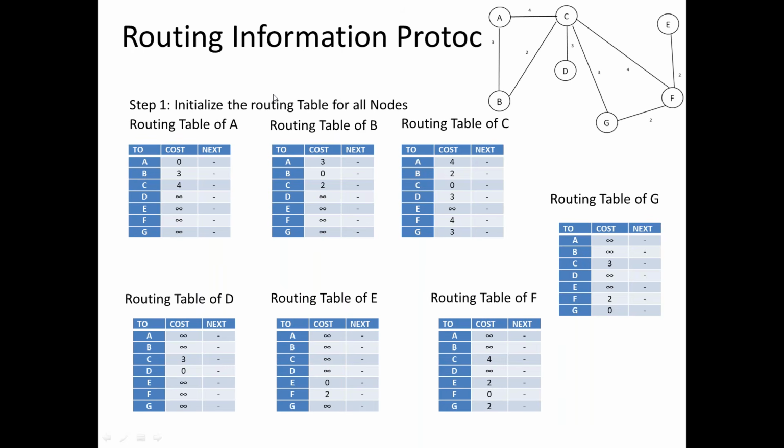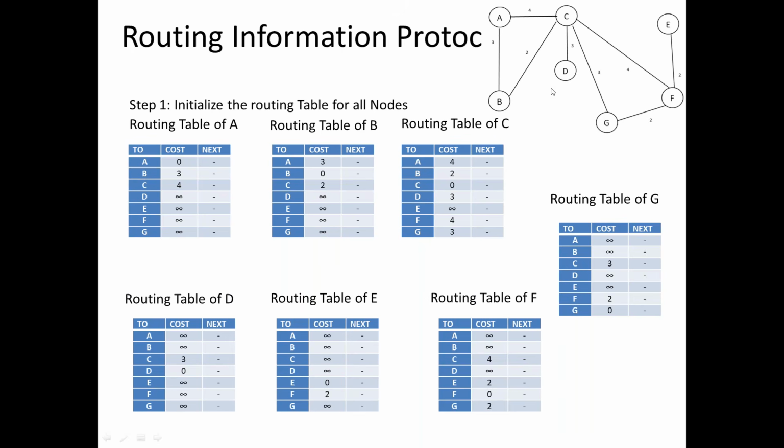So if you consider the routing table of B, B is directly connected with only A and C. So the value for A is 3 and C is 2. And from B to B, the value is 0. So three values will be in the routing table and all the remaining values will be taken as infinity.